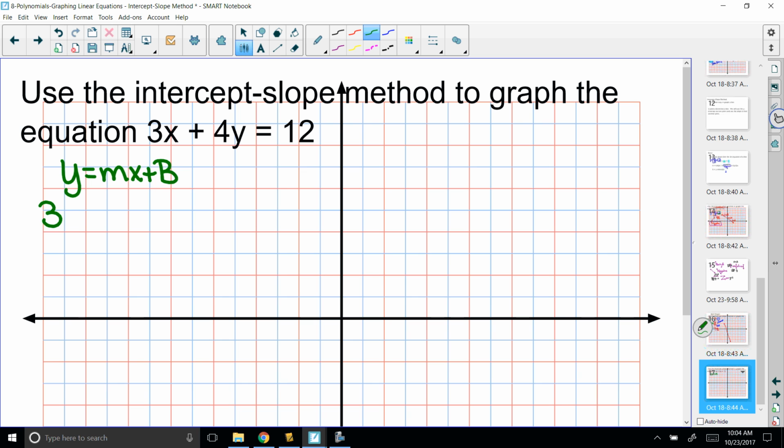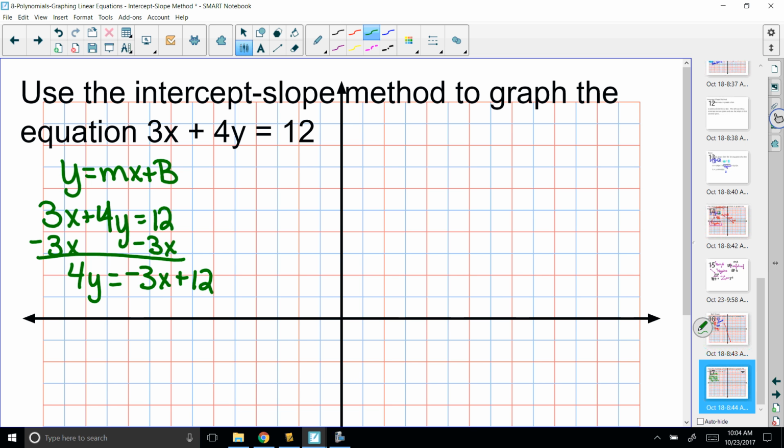So you take your equation of 3x + 4y, and you solve by moving the 3x over to the other side, and you get 4y = -3x + 12. And to finish solving for y, I have to divide by 4.